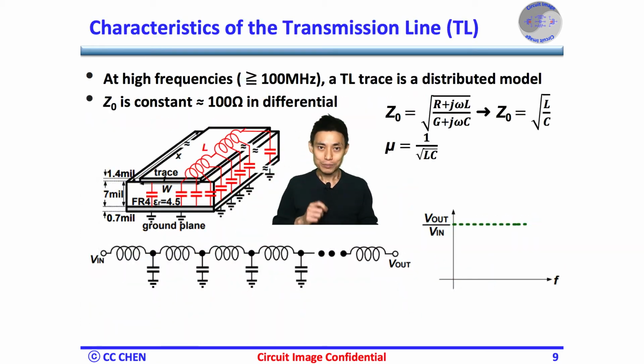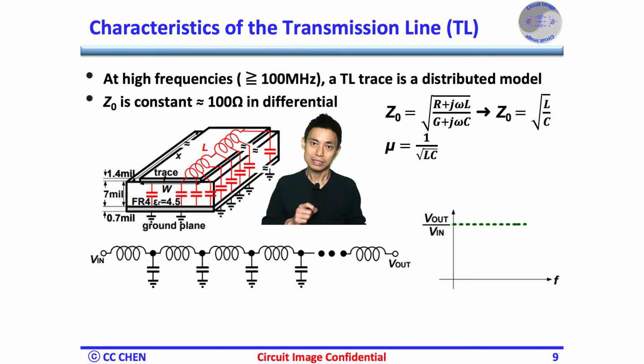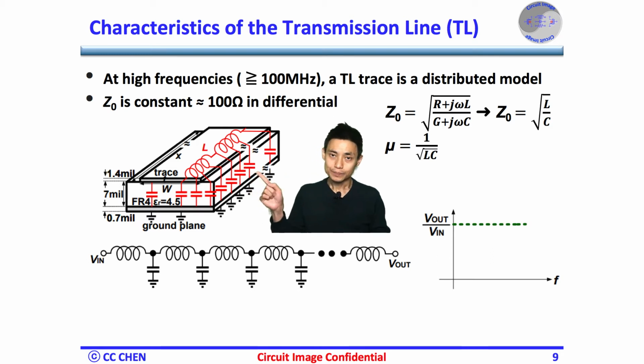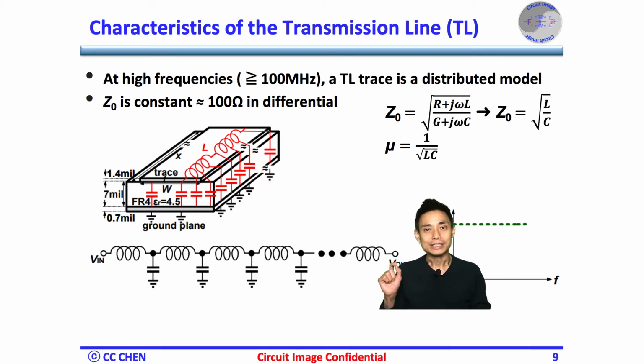For a lossless transmission line at high frequencies greater than 100 MHz, the transmission line trace is a distributed model with a constant characteristic impedance Z0 around 100 ohm differential. As you can see, the simplified transmission line is an LC-LC.